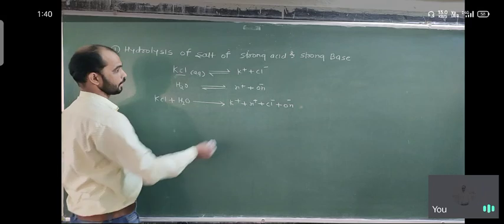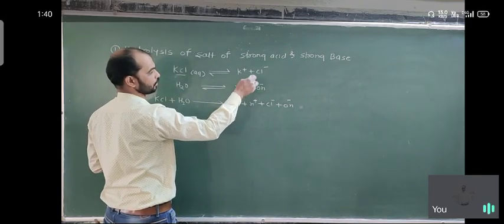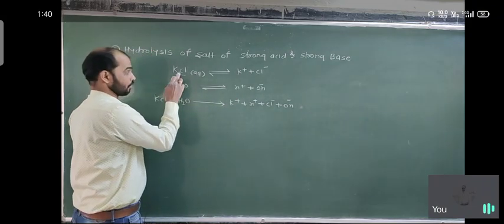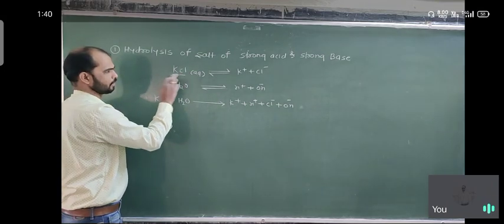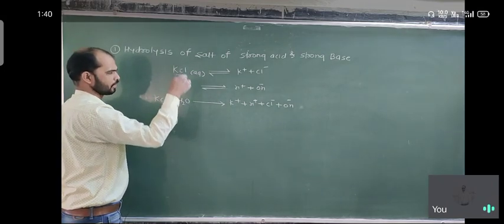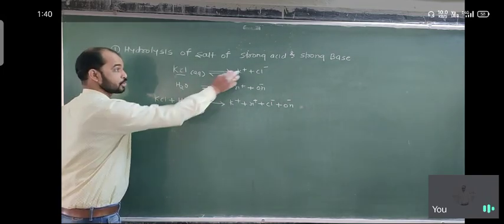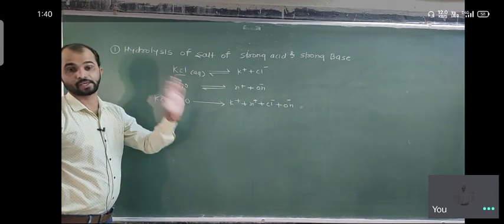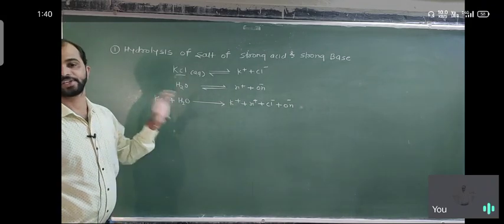But here, if these two are combined together, what happens? KCl, which is obtained from HCl and KOH, is 100% dissociated or ionized in aqueous medium. So further hydrolysis of it and going back into acid plus base is not obtained in the given reaction.